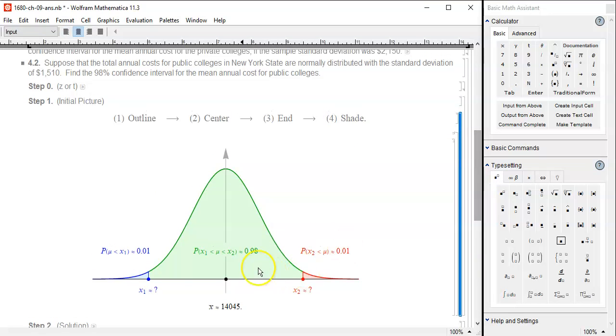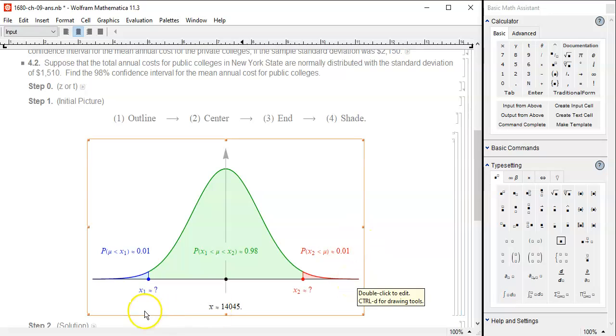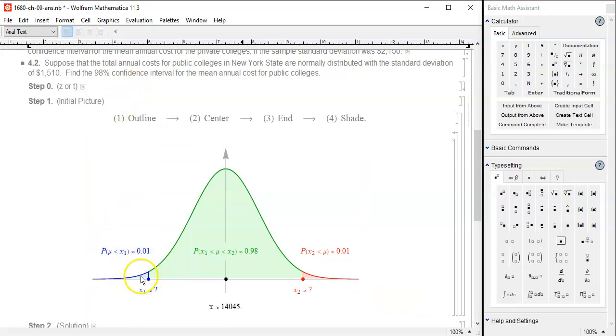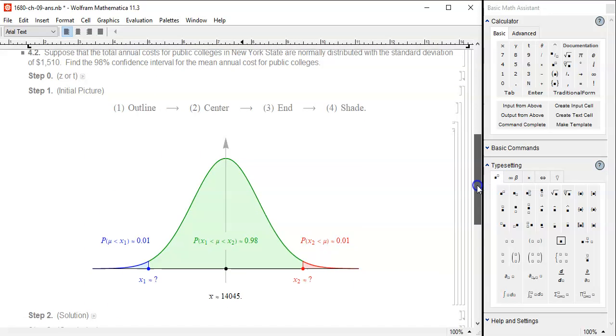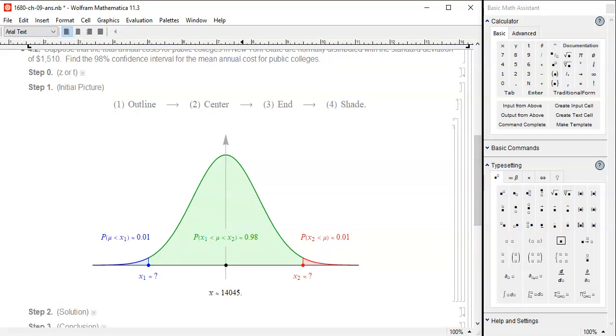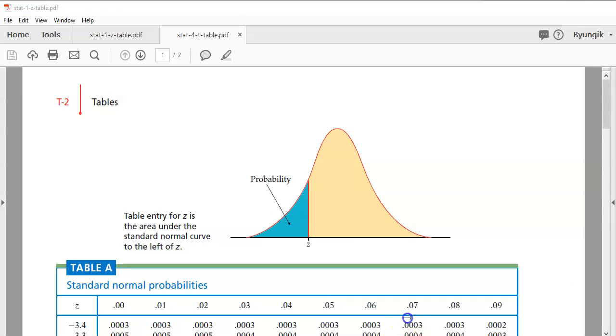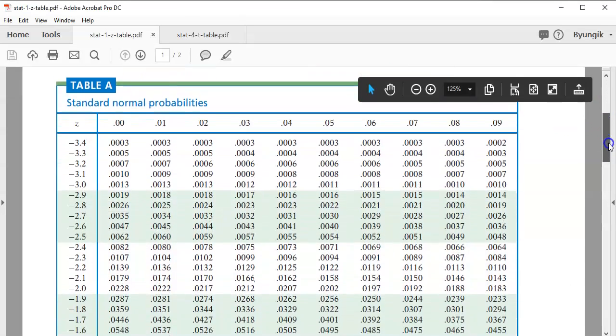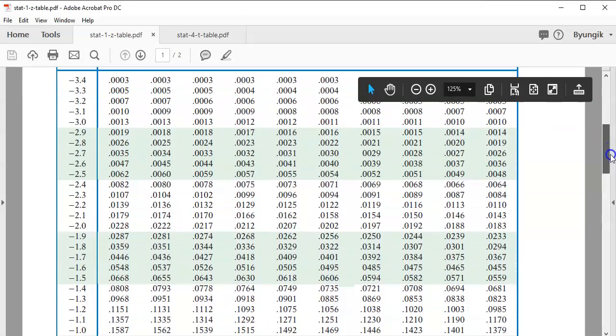Okay, so we have this initial picture, 98% confidence interval, and then 1% here, 1% there. This is a z-curve problem, so I'd much rather work with the left-hand side endpoint. We are looking for 1%. Let's go to the z-table and find 1% there. Where is 1% here?